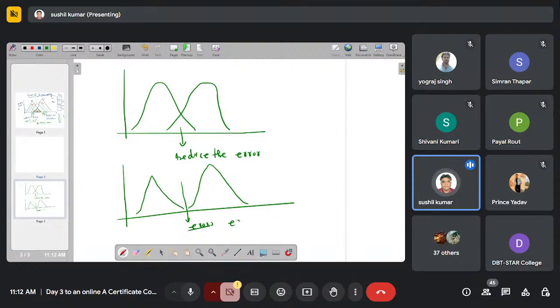So if somehow you can separate it, then you can say there is no error in your data. If the separation is low, the error will increase. If the separation is large, then the error decreases, and vice versa.